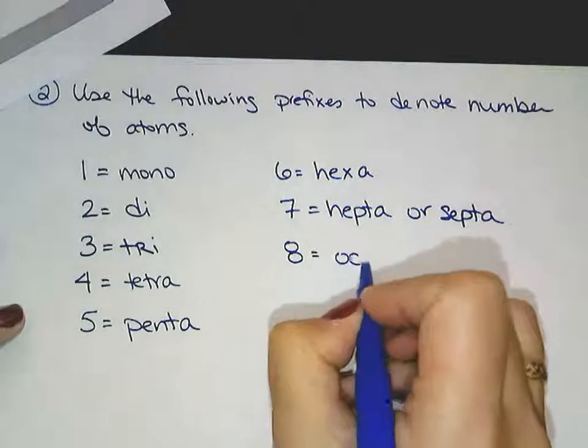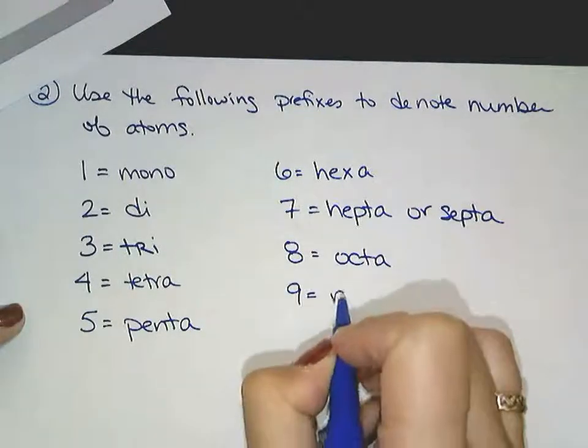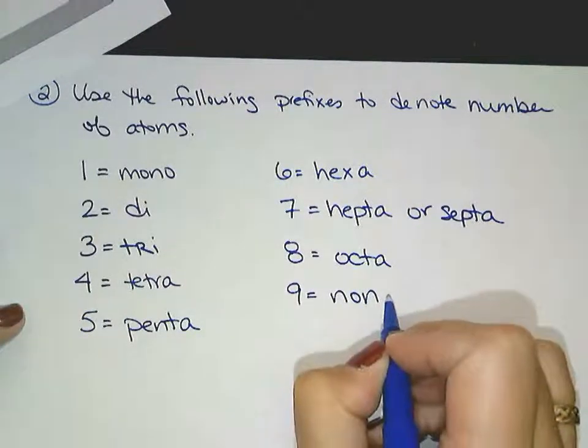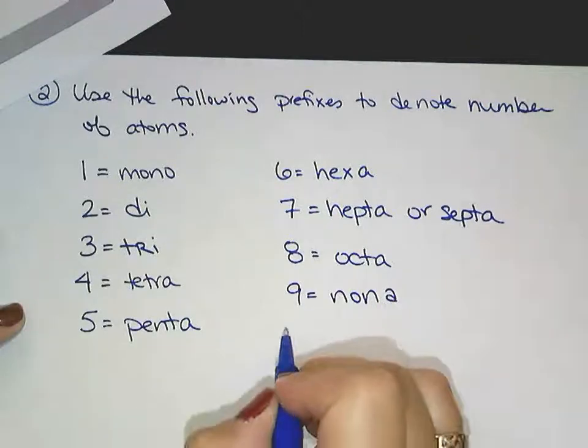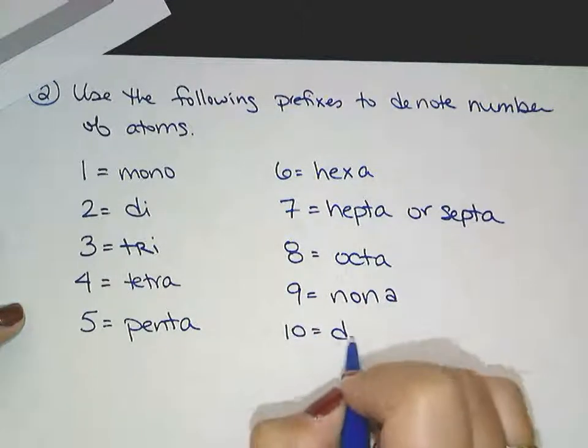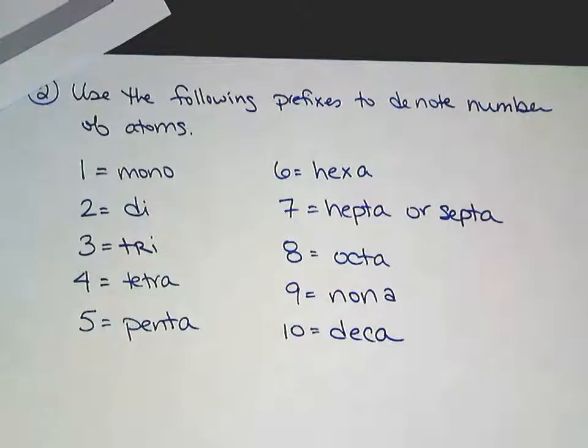Eight is octa. 9 is usually nona, could be nano. And 10 is deca. You probably won't run into anything with more than 10.